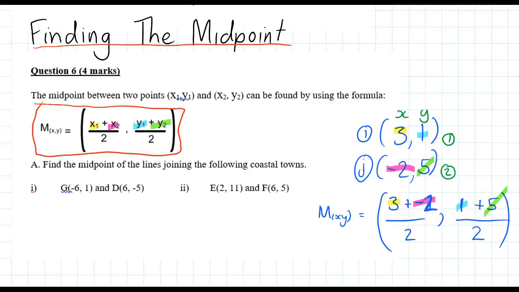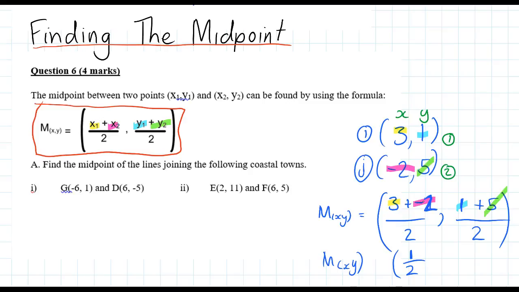Okay, 3 plus minus 2 is 1. 3 plus minus 2 is 1 over 2. 3 plus minus 2 gives me a total of 1, and that's still over 2. And I copy out the brackets and the M, x, y stuff.